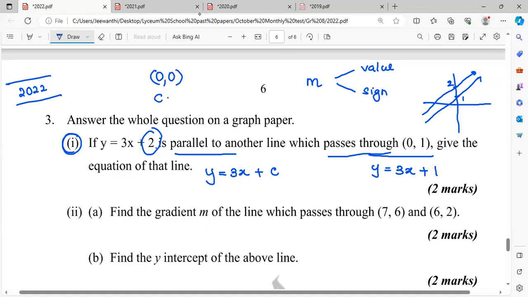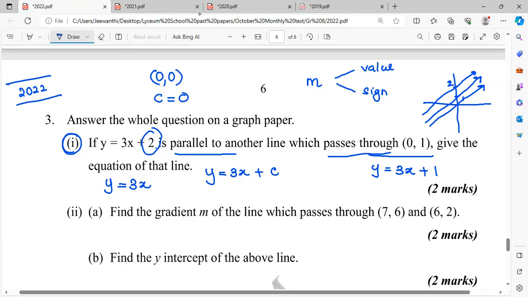That means the C value will be 0. Therefore, you write the equation as only y equals 3x. That means it is this kind of line. Sorry, I will draw it nicely. So it should be something like this. Understand? That is also parallel to the earlier one, right? So parallel means the same gradient, but different y-intercept values can be there.